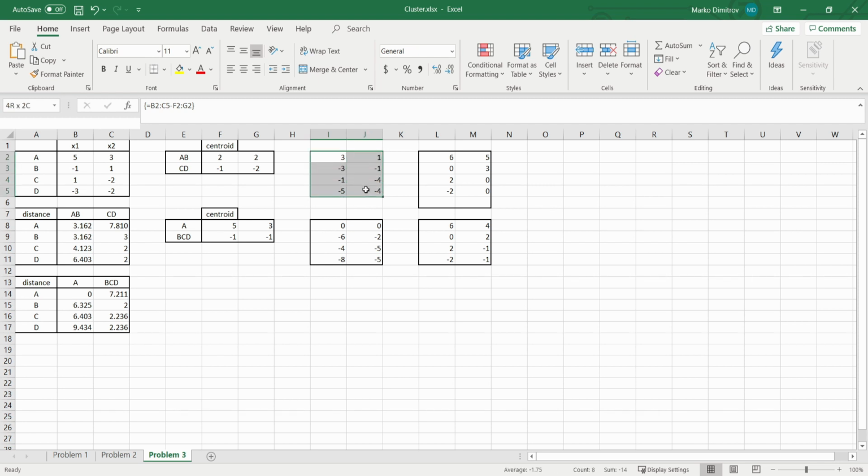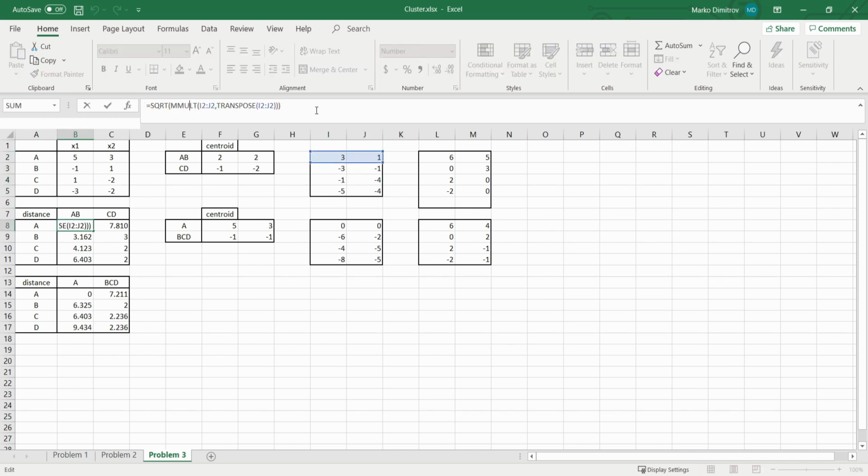Those are just the differences, but we need the Euclidean distance. So we need to take the square root of the sum of squared distances. We square the distances and sum them. In Excel, it can be written like this.